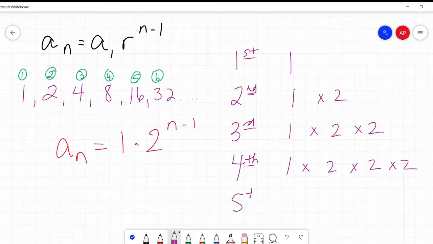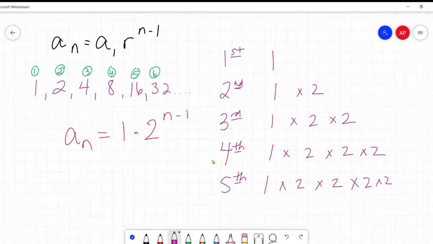Fifth term, 1 times 2 times 2 times 2 times 2. Well, what's another way of writing things like 2 times 2 or 5 times 5, when I have that same number multiplying by itself? Well, it's a power, right? An exponent.